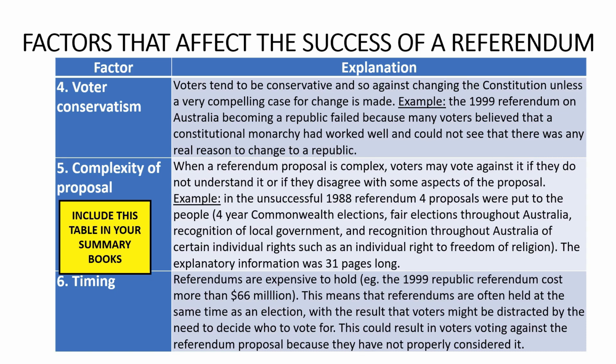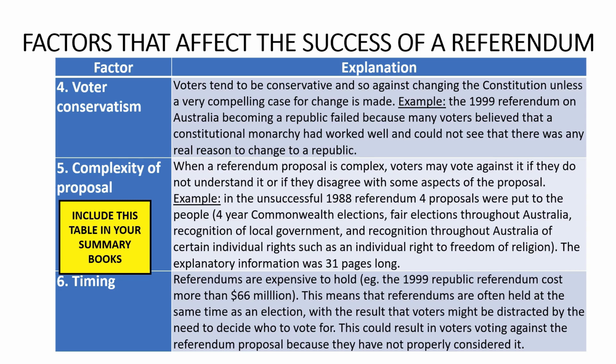This referendum failed in part because many voters couldn't see that there was any compelling reason for the change, as the model of a constitutional monarchy had served Australia well in terms of giving it a stable system of government.